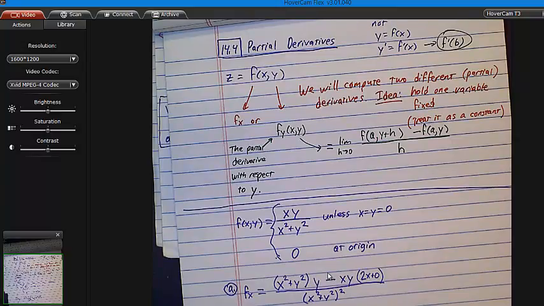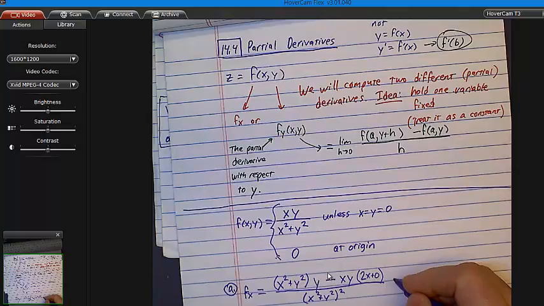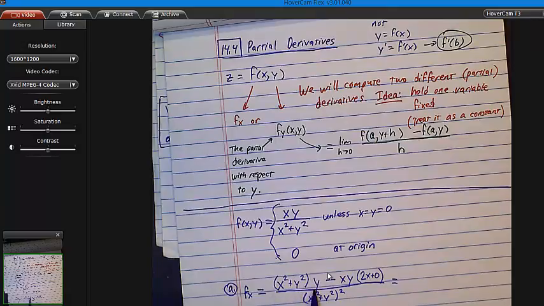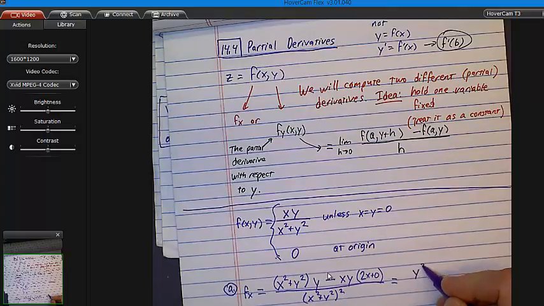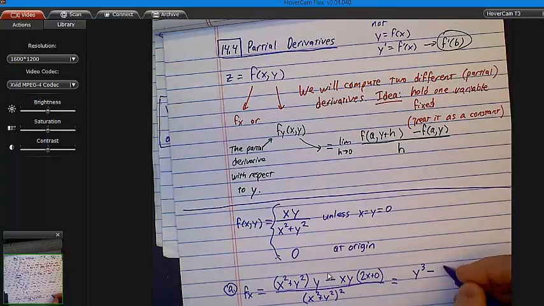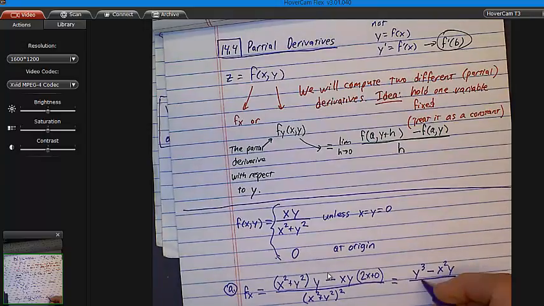So can I simplify this? I guess so. You can see you're going to get an x squared y, but then you're going to subtract 2x squared y. So to simplify this I would write y cubed from this piece, and then minus an x squared y, all over x squared plus y squared, squared.